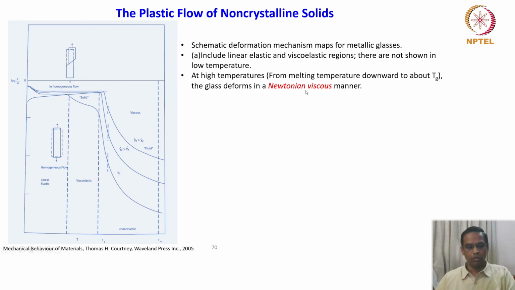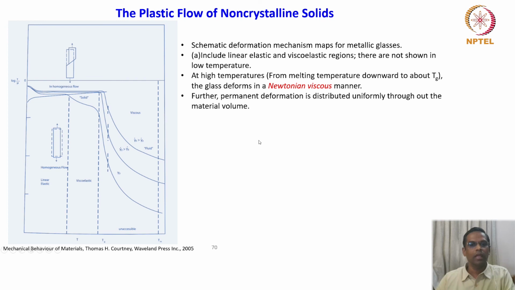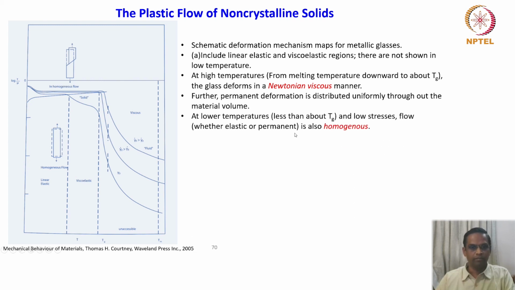Two slides before, we saw that shear stress equals eta times dV by dy, the shear gradient. That is the Newtonian flow. Further, the permanent deformation is distributed uniformly throughout the material volume.